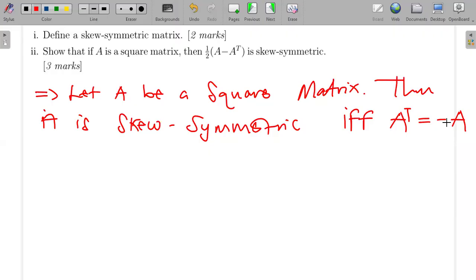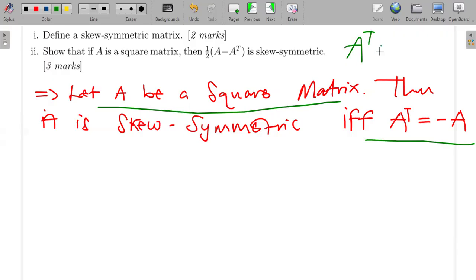The important thing in this definition is stating that A is a square matrix first of all, and that this condition holds. Then you have given the full definition. So if it's skew symmetric, then A transpose will just be equal to minus A.